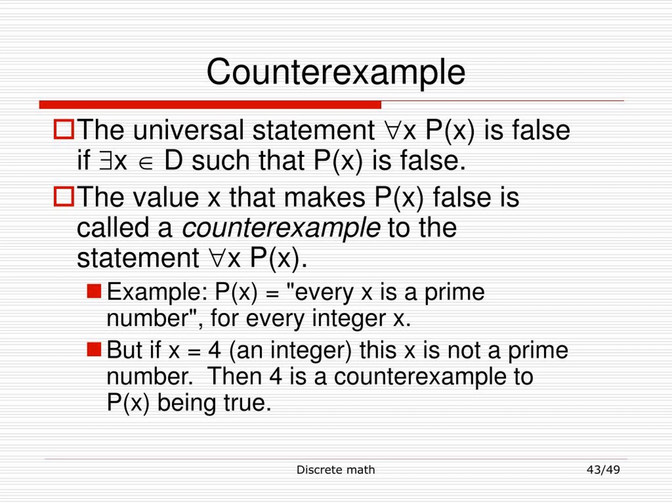For example, Px: every x is a prime number, for every integer x. But if x equal to 4, then x is not a prime. So 4 we call a counterexample to Px being true.